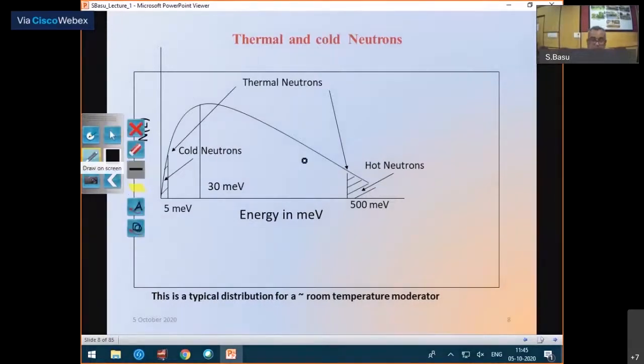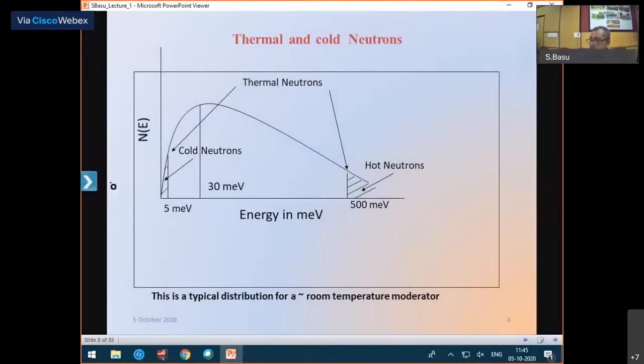Neutrons coming from a thermal reactor pass through something called a moderator. This moderator brings the energy of the neutron down from mega electron volts through ping pong ball collisions. So when these neutrons cool down, they thermalize with respect to the nuclear moderator, and ultimately they have an energy distribution at the temperature of the moderator.